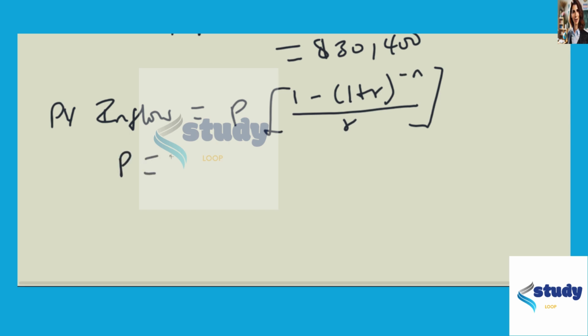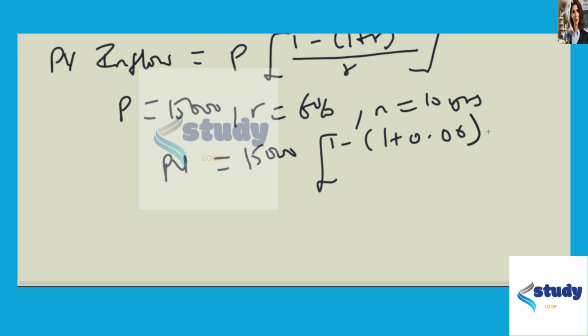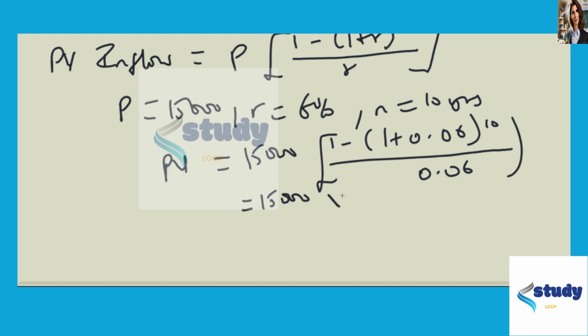So here we know that P is 15,000, R is 6%, and N is 10 years. So the PV of the inflow will be 15,000 times 1 minus 1 plus 0.06 raised to power 10, divided by 0.06, and then this will be 15,000 multiplied by 7.360, and this will be 110,400. So this is for the inflow.